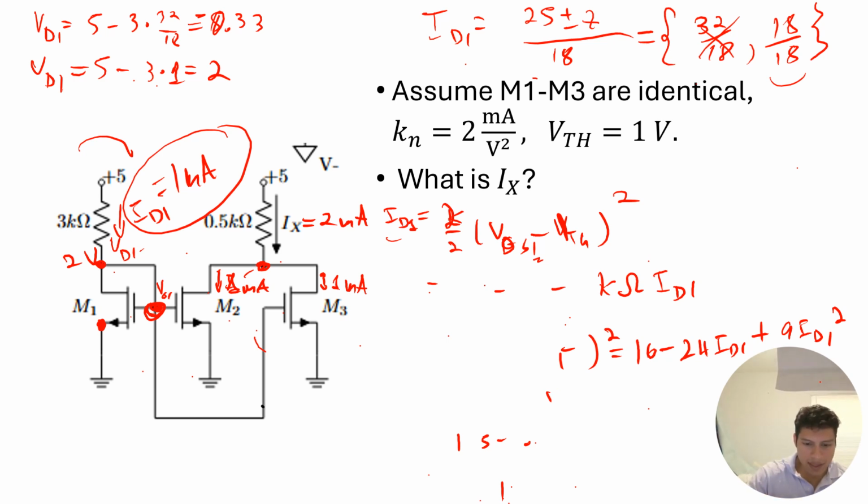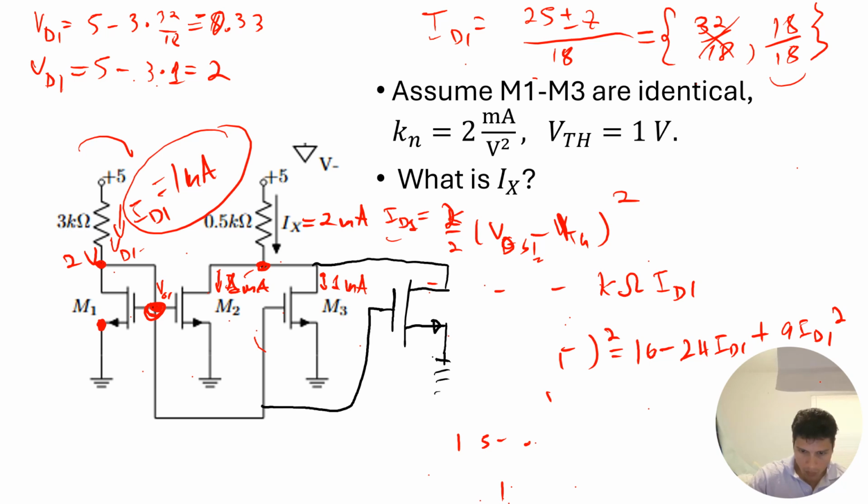So let's say I connected another transistor here, and then there's another line here. This is going to be M4.